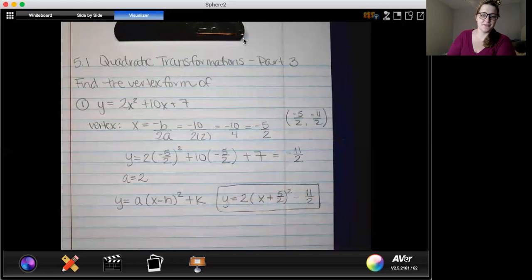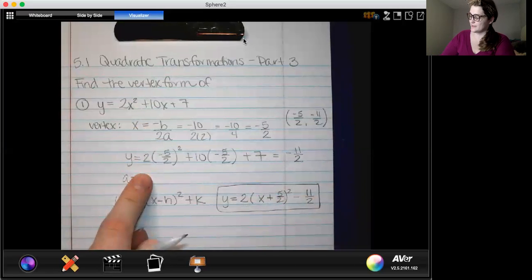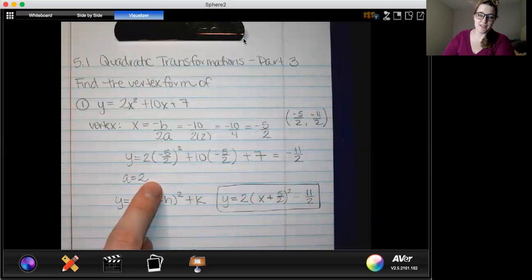And there's our answer. So again, we find our vertex, we identify our a, and then we put those 3 values into our vertex form, and you're done. Okay.